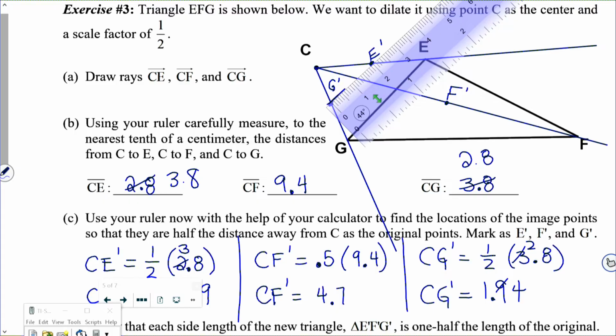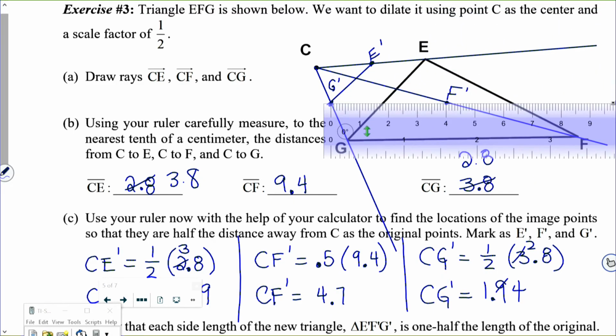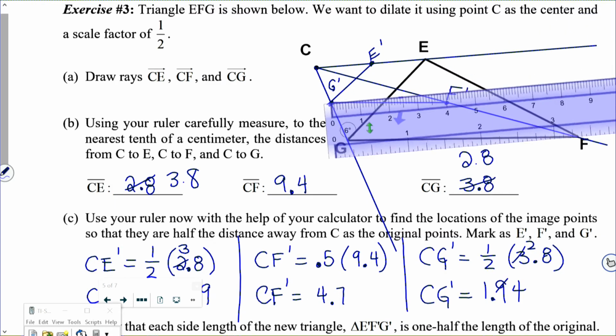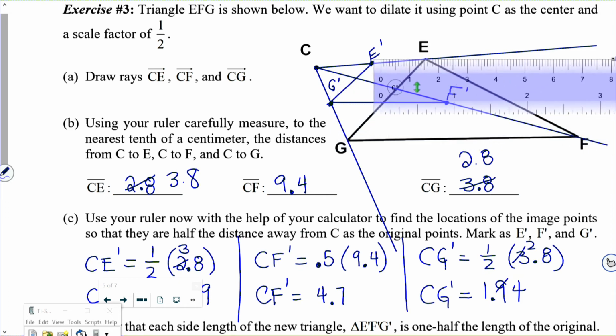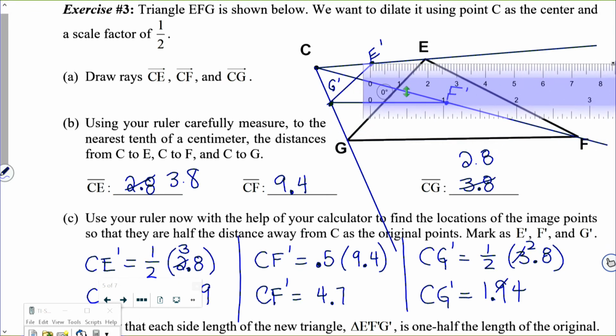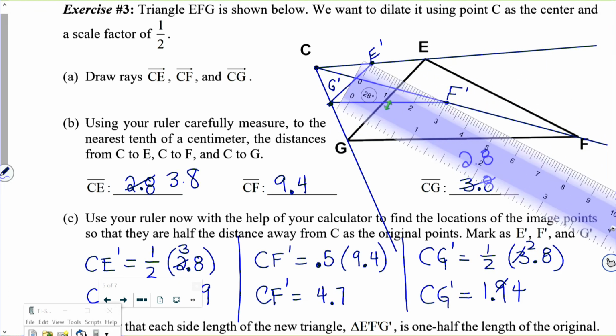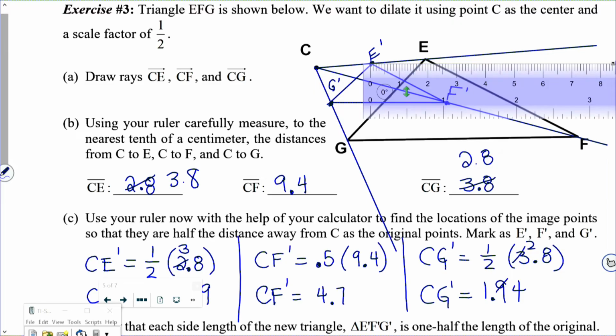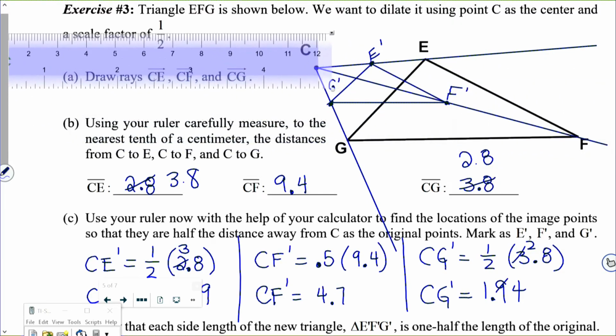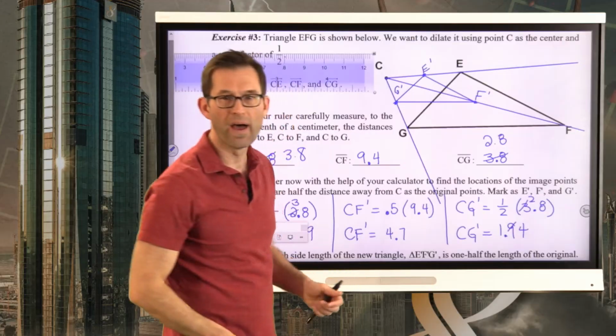Right, so we've got this, this, and this. And so you see that smaller triangle, G prime, E prime, F prime.